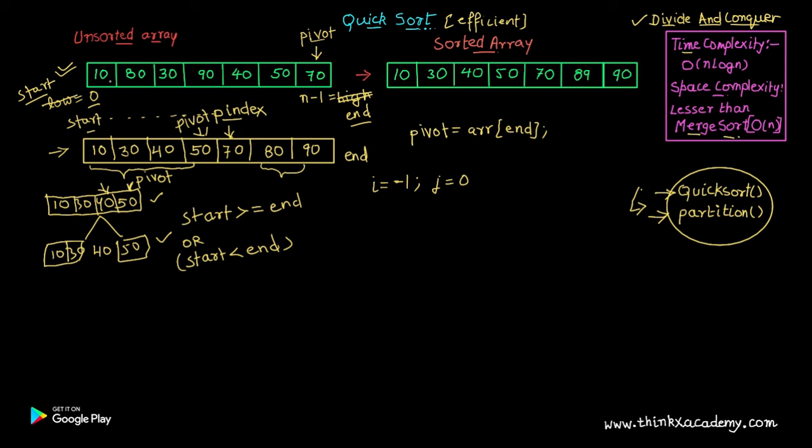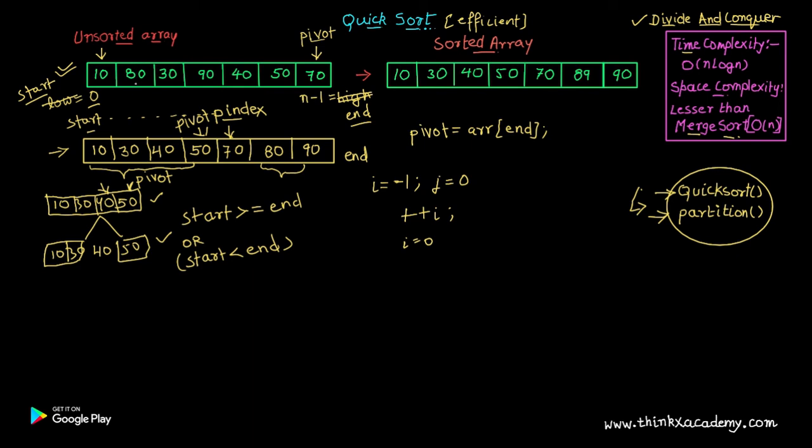Now we will also increment the value of i by 1, so the value of i will now become equal to 0. Now our partitioning index is pointing to this position. In the next iteration, we will increment the value of j, so j is now pointing to position 1.